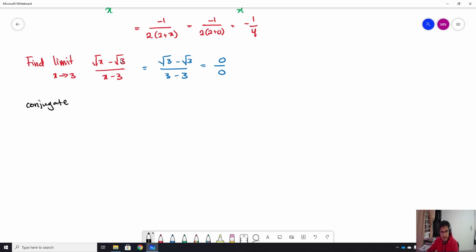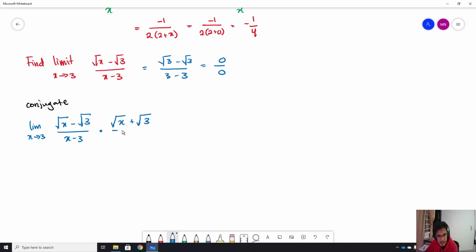For example, here we have a square root in the numerator. So what we do is we take the limit as x approaches 3 of square root of x minus square root of 3 over x minus 3. We multiply the fraction with the conjugate. So this is the conjugate.